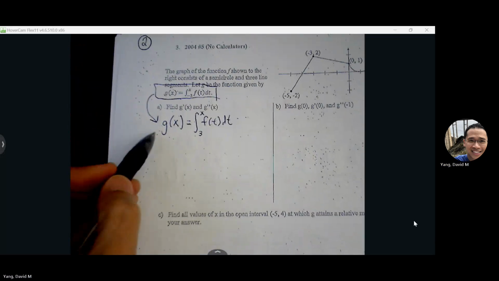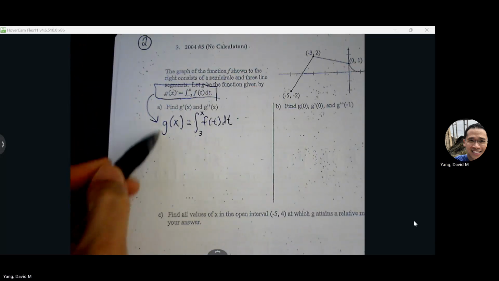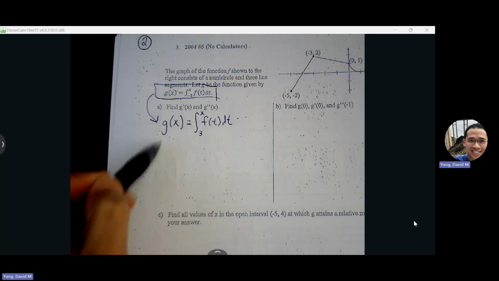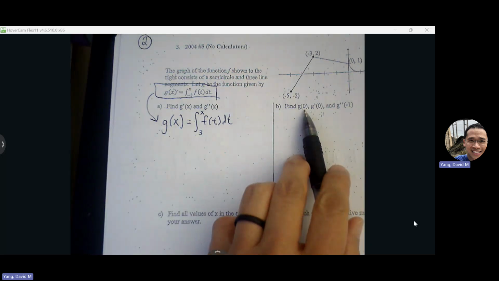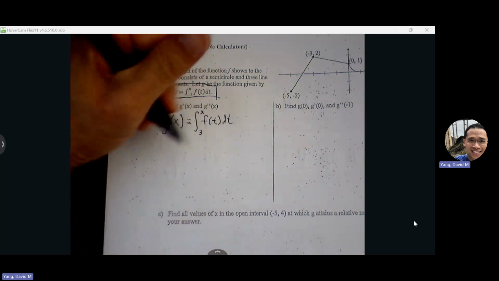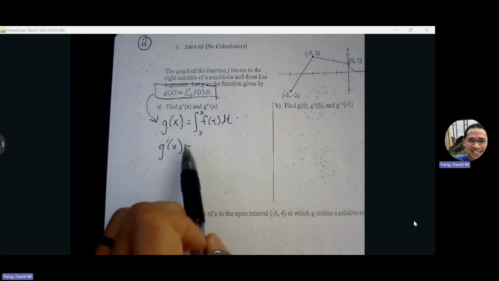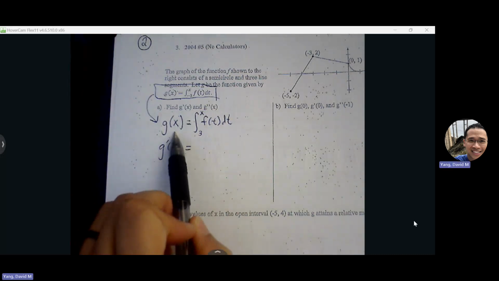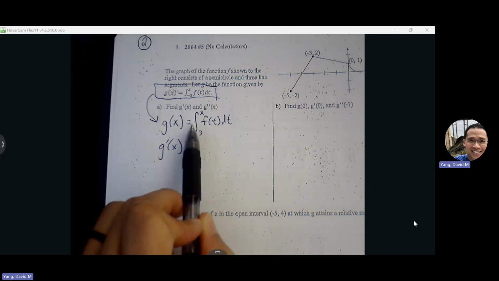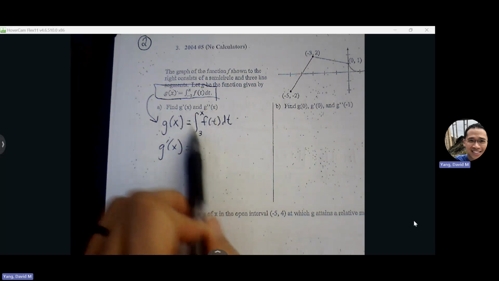I want to build the relationship that we're going to need because eventually they're going to ask us about g prime and g double prime. So g prime is the derivative of this, right? If g of x is the integral, then g prime is the derivative of this.